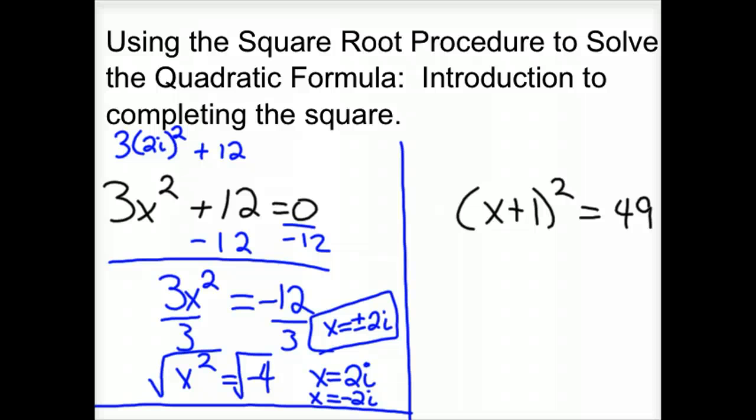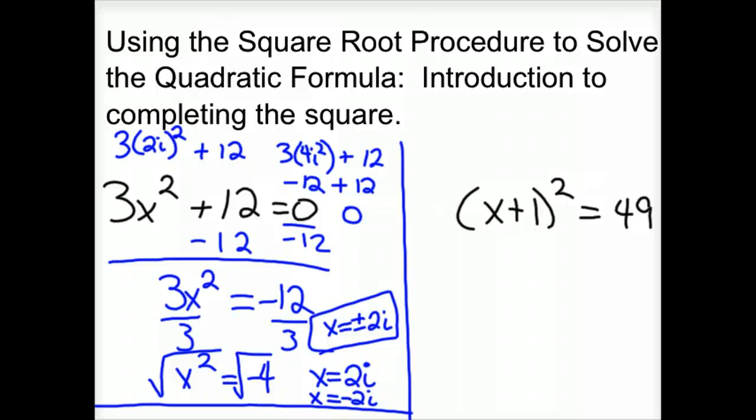You'd have 3 times 4i squared plus 12, because 2i squared is 4i squared. Well, if you know, again, anything about imaginary numbers, i squared is negative 1. So this would be 3 times 4 times negative 1, which would be negative 12. Plus 12 is 0. And so we know 2i is a solution to that equation. And it would be the same with negative 2i.